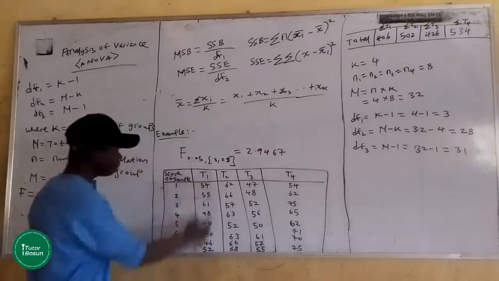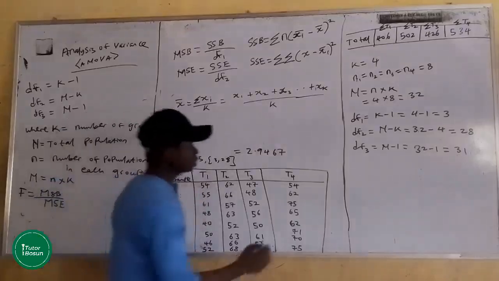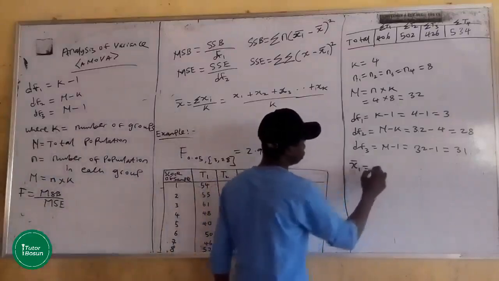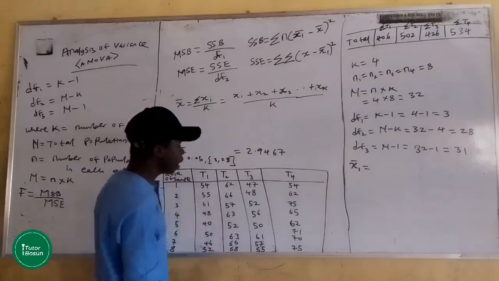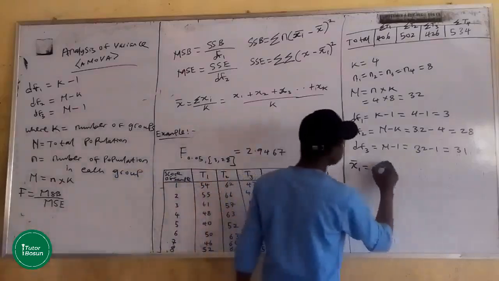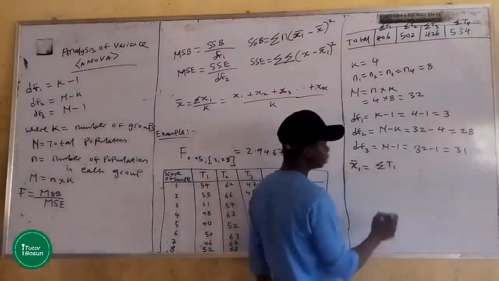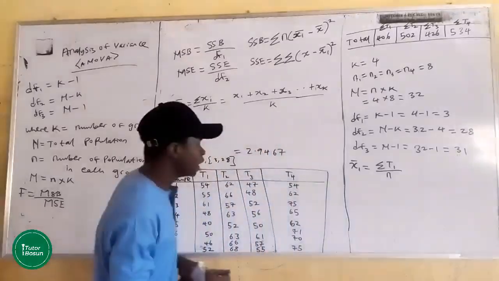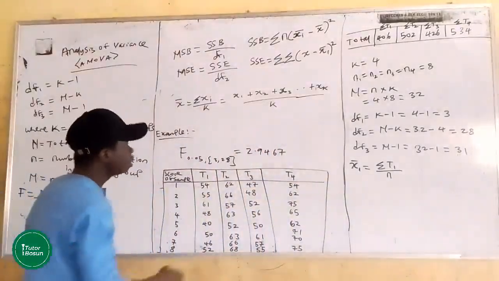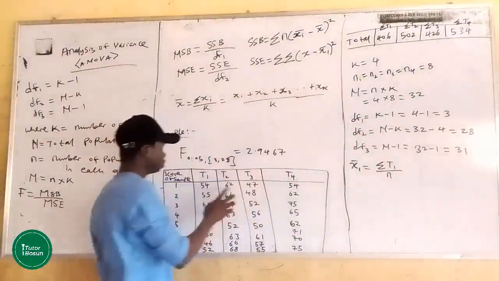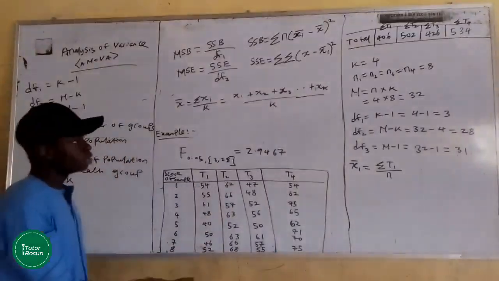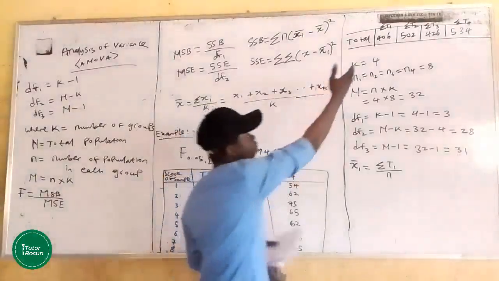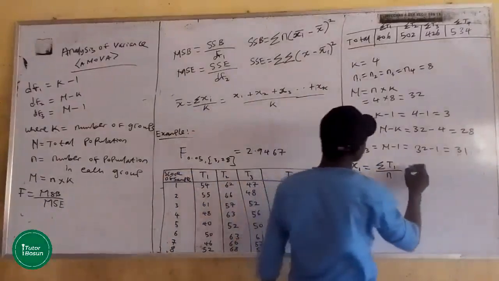The mean for group 1, that will be our x1 bar, and that will be summation T1 divided by n. But don't forget, where we are not given the total, you need to sum everything together before you compute this. But since we are putting our total already, we can just compute it over here.